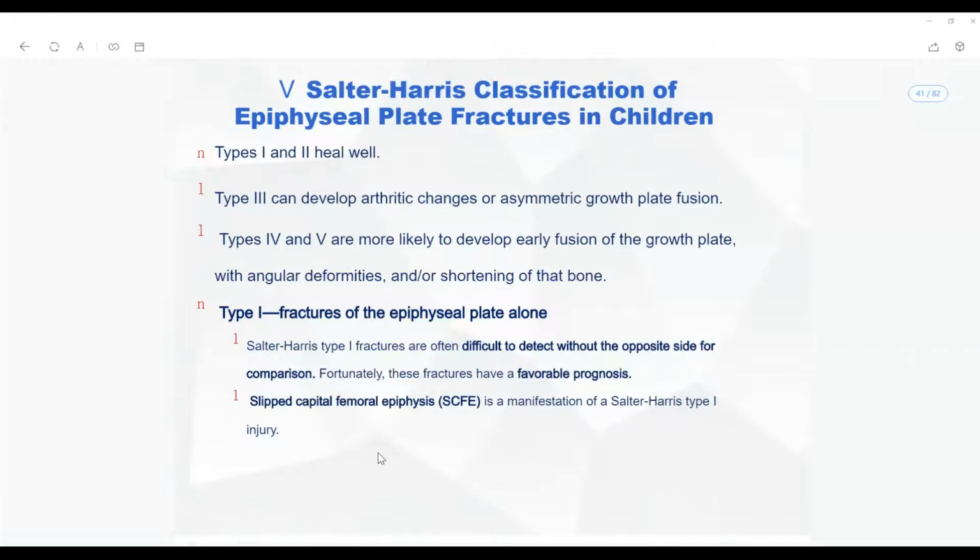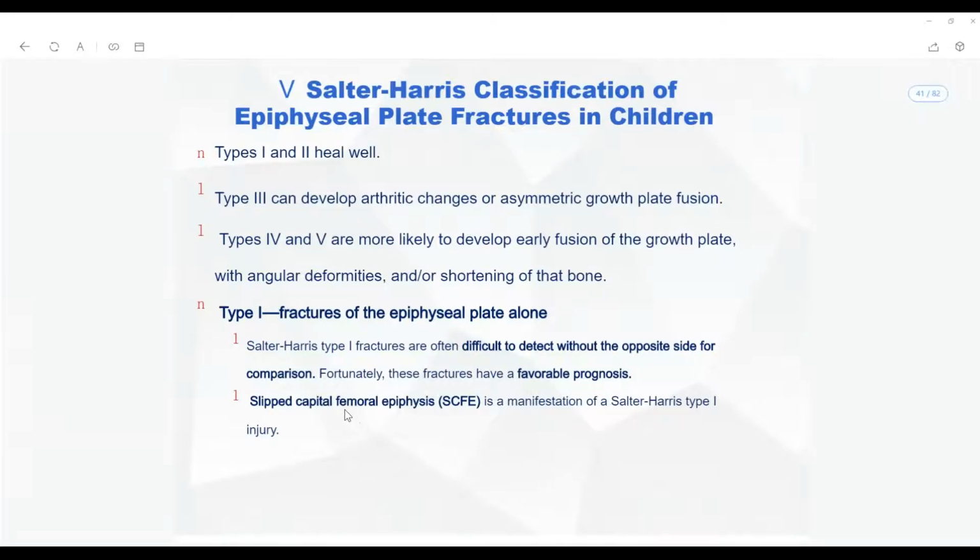The best example is slipped capital femoral epiphysis, also known as SCFE, which is related to Salter-Harris type 1.